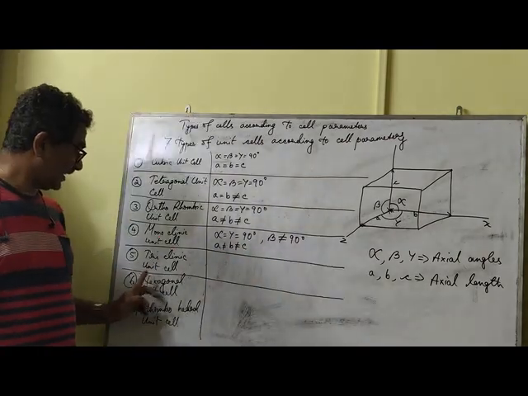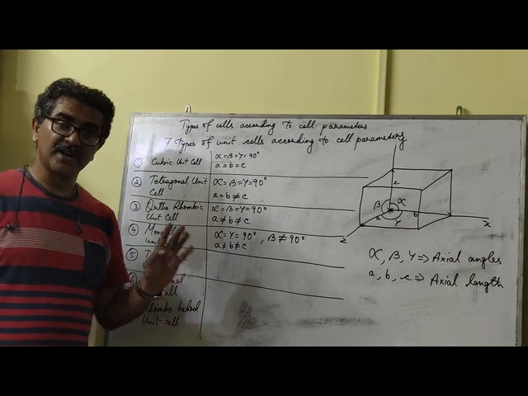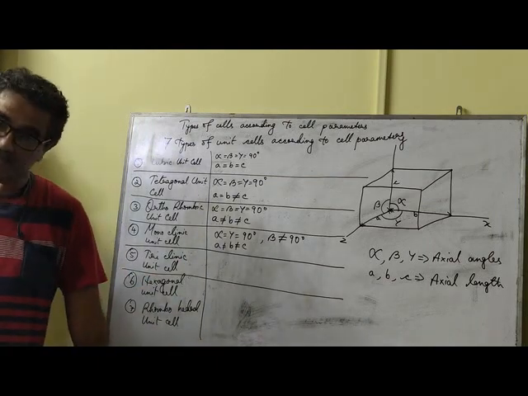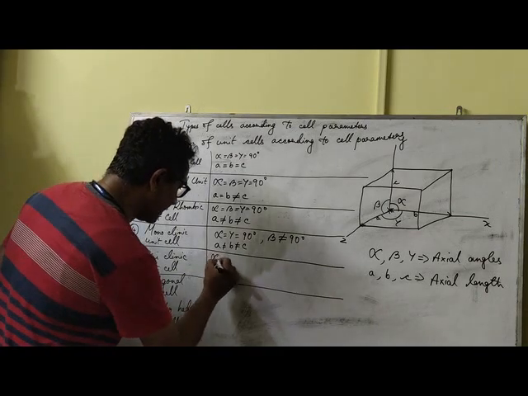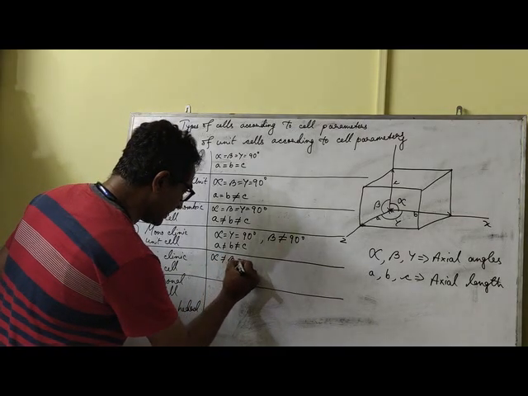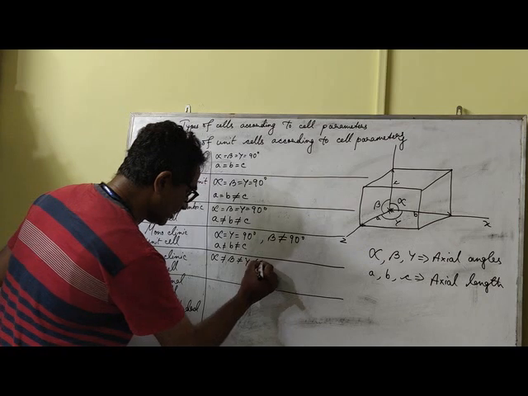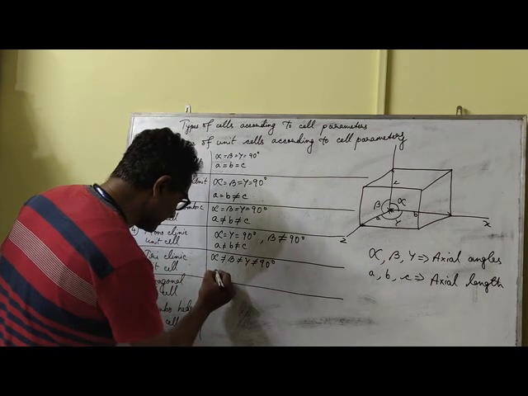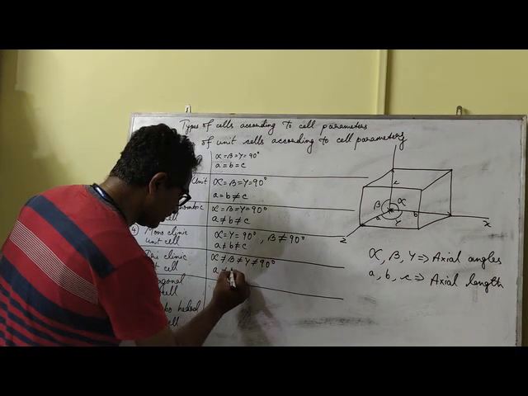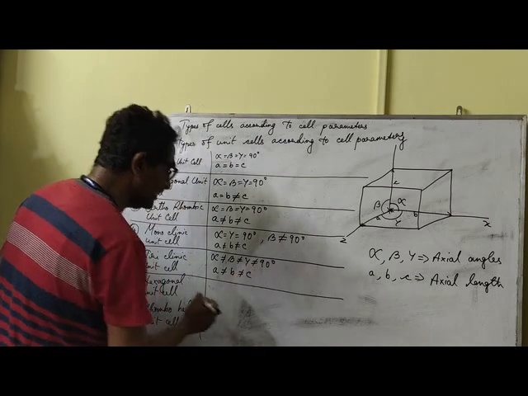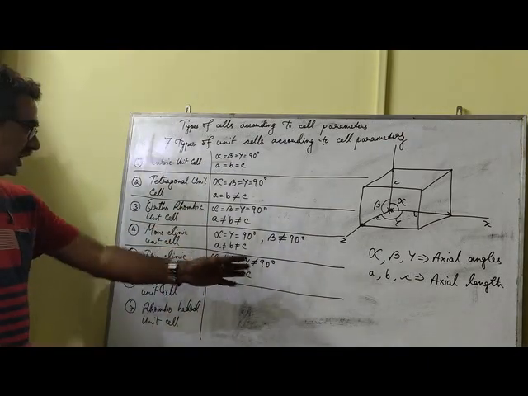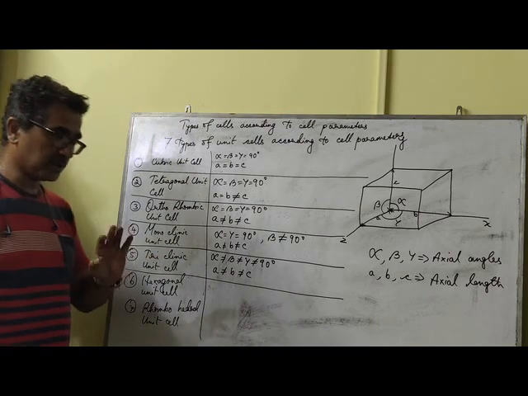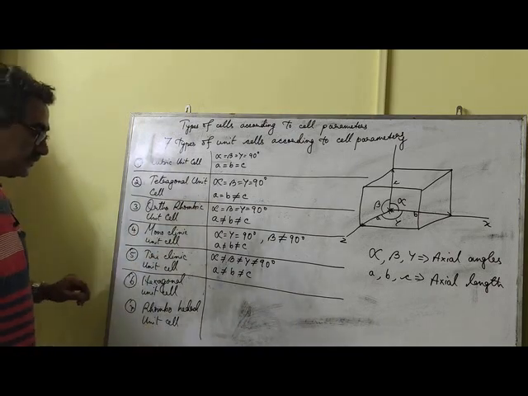Next we have the triclinic unit cell. In the triclinic unit cell, it's highly unsymmetric. Nothing is equal. That is, alpha is not equal to beta and beta is not equal to gamma, they are not equal to 90 degree, and even the axial lengths, A is not equal to B and B is not equal to C. You see, at least over here we had two angles which were the same. Here nothing is the same. So it's totally unsymmetric.